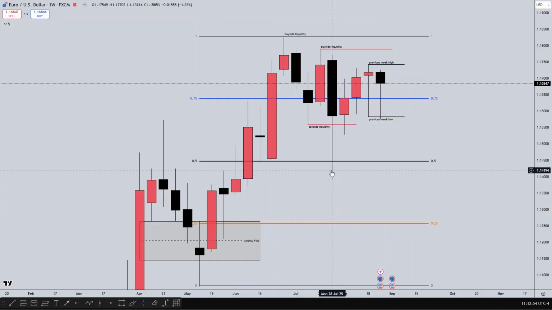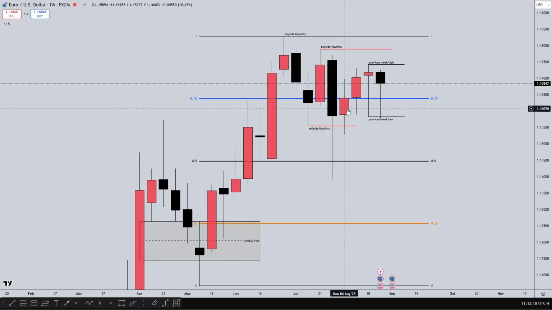And this is the same level as a 50% price range, which I identified in the previous weekly review. Price came below the 0.5, which is a discount price, to a discount order block. And I told you guys that I'm anticipating price to go for the buy side liquidity, because after a run on this sell side liquidity, price created a swing low, which is this low.